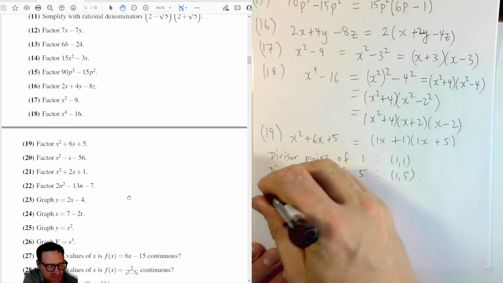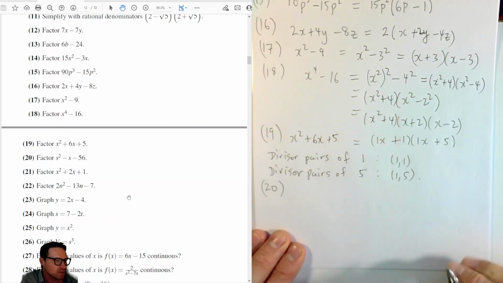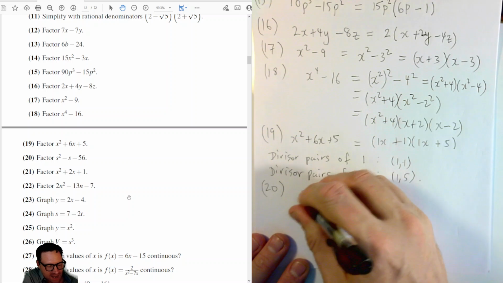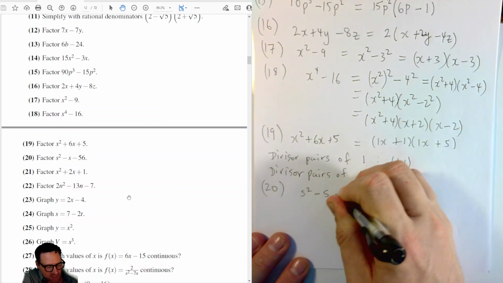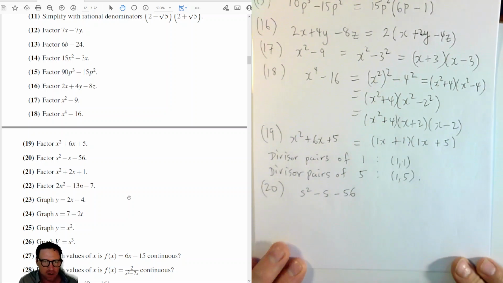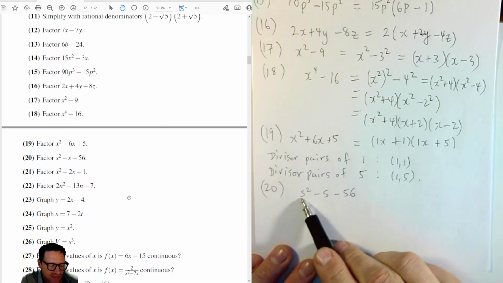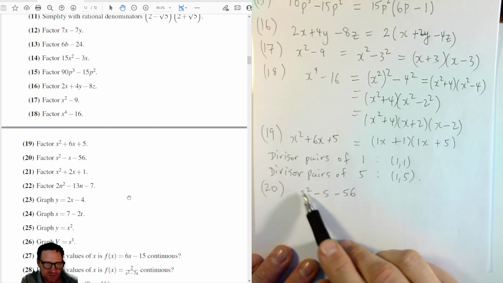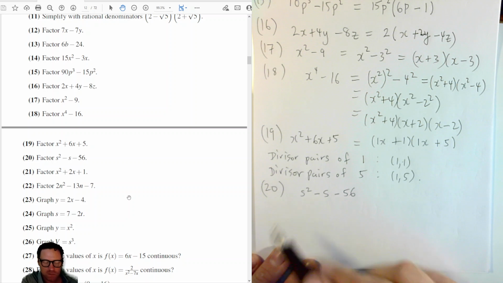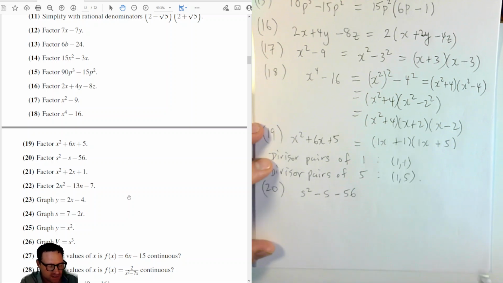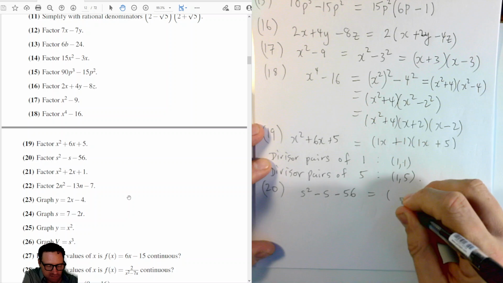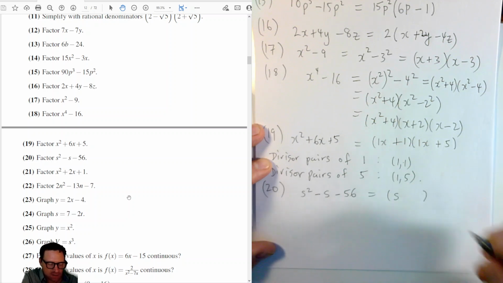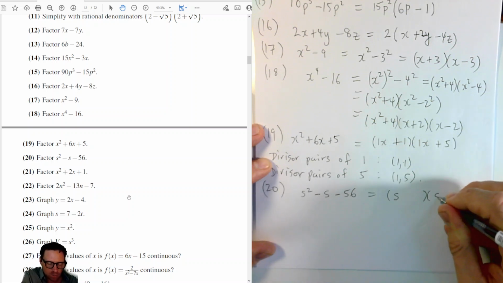Okay, question 20. Factorize s squared minus s minus 56. All right, so again, the divisor pairs of the coefficient of s squared: just 1 and 1. So we know already that this is going to be 1s and 1s.